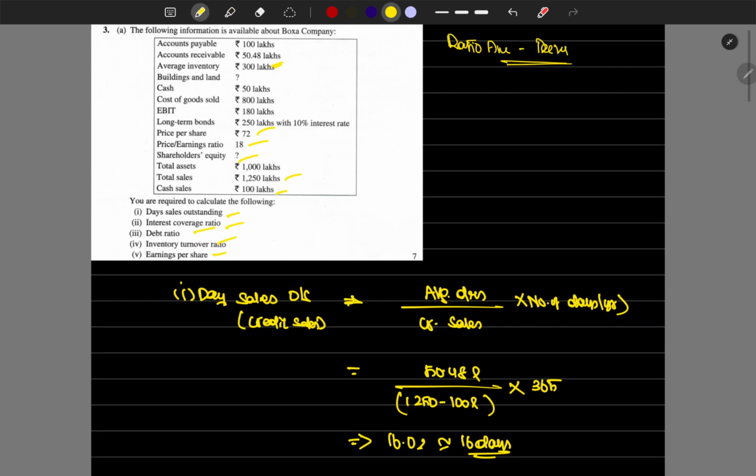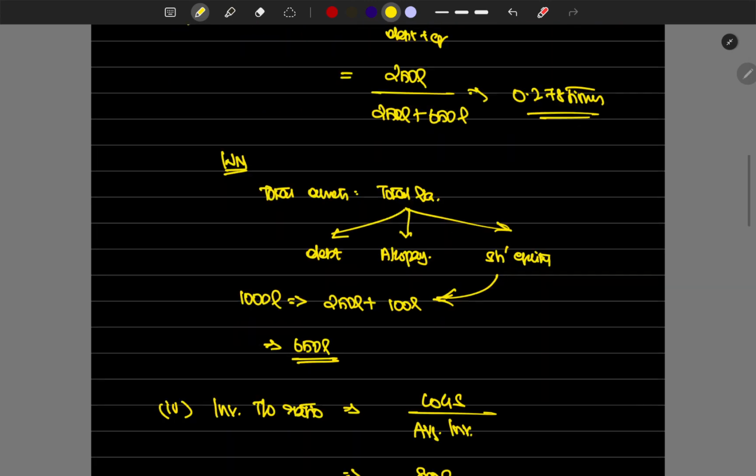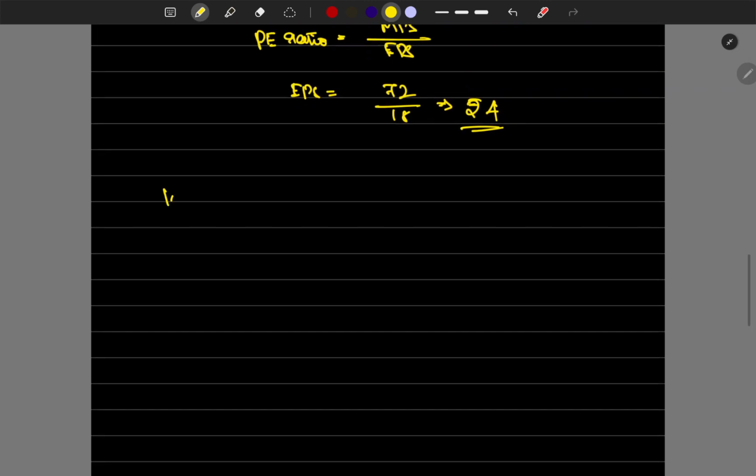The last thing we have pending is buildings and land. We don't need a working note for this; it's the last computation. How can we find out the buildings and land? Buildings and land is an asset. So total assets is equal to the sum of all assets.